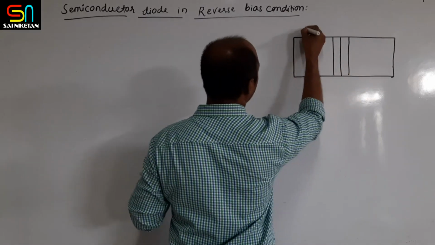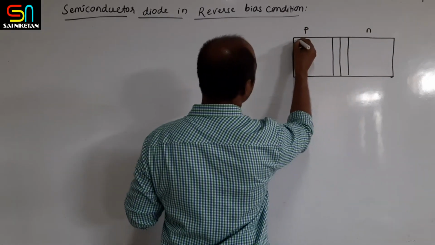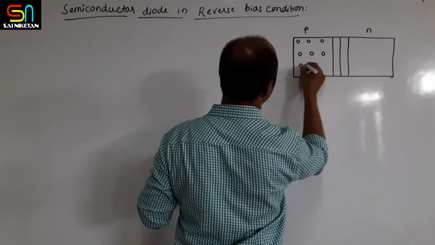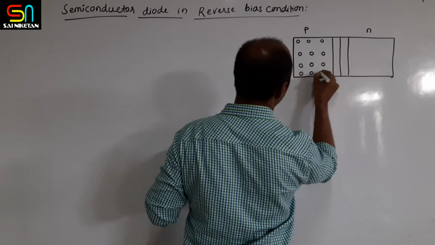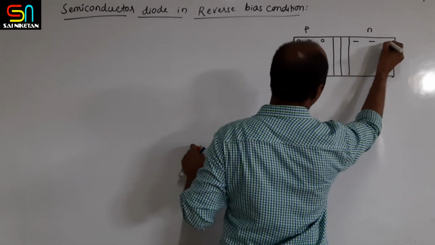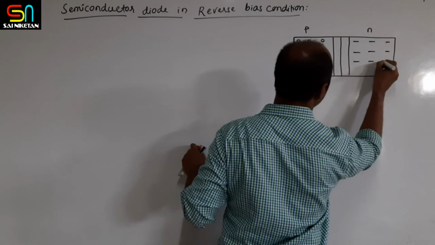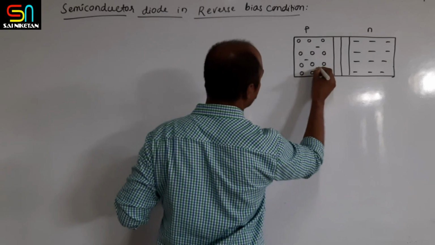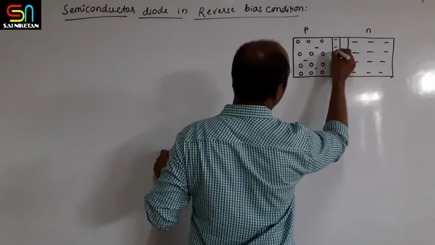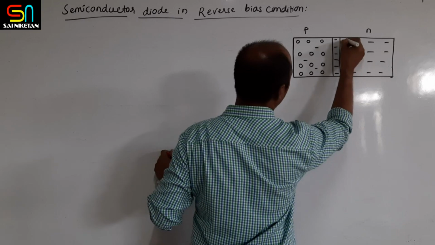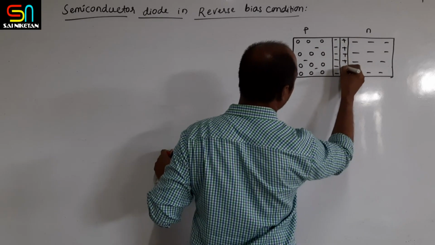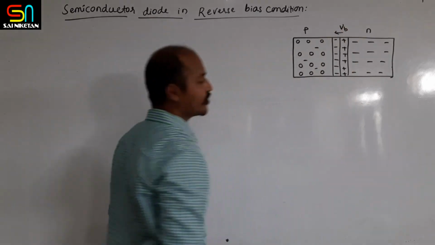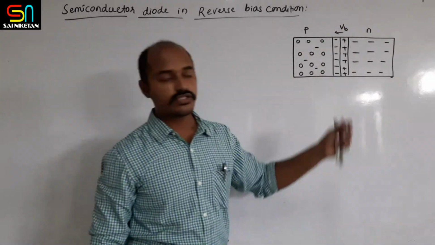Here is the P and this is the N. In the P, holes are the majority charge carriers, and in the N type, electrons are the majority charge carriers. Here some electrons are minority charge carriers. Here it becomes a negative ionic plate, and here a positive ionic plate. The field, or potential barrier, is from positive to negative. This is the PN junction.